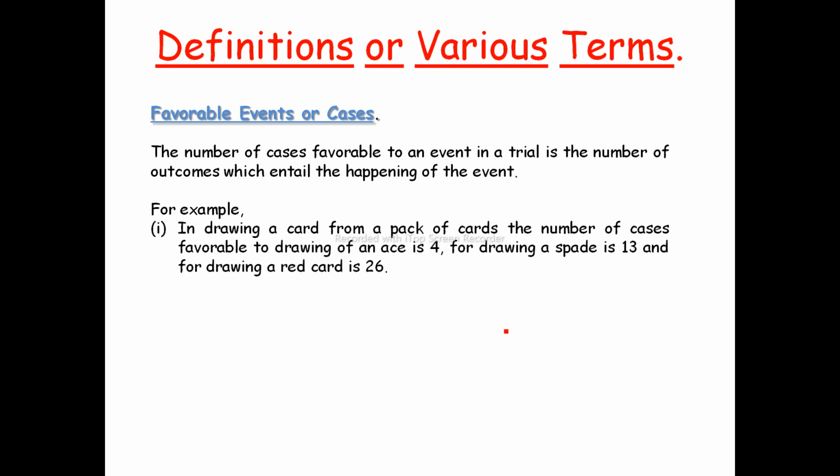For example, in drawing a card from a pack of cards, the number of cases favorable to drawing an ace, which in Hindi we call Ekka, is 4. For drawing a spade it is 13, and for drawing a red card it is 26. So we have 26 red cards, and if this occurs you will win.